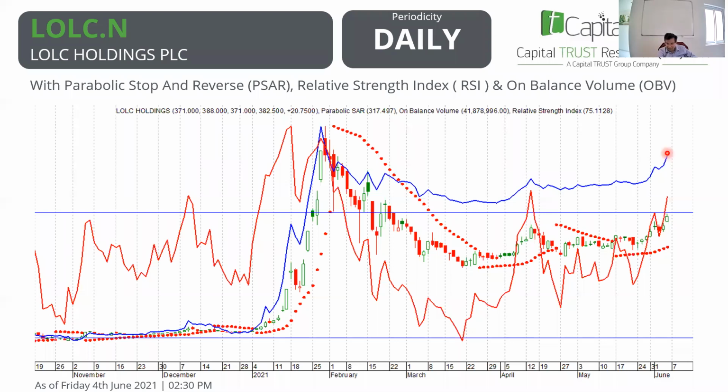Right there. Do you see it being sold? No, this is far away from that candlestick. For this PSAR to go above that, it will take a very long time. Right? So that's a stock you can hold in your portfolio for the long term.